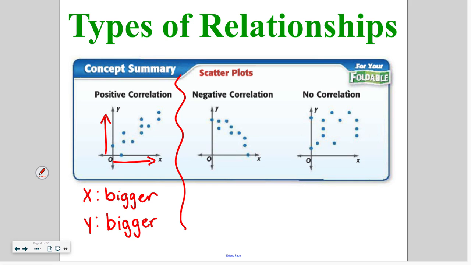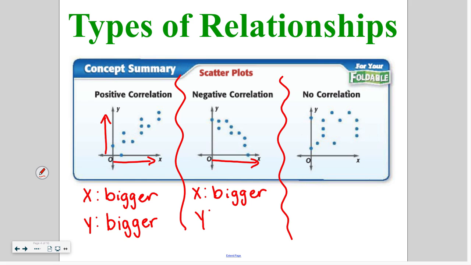The next type of correlation that we have is a negative correlation. That means as X is still getting bigger, so we are still looking at our X points moving from left to right, our Y values are getting smaller. So as you move from left to right on the graph, your Y values are going down.